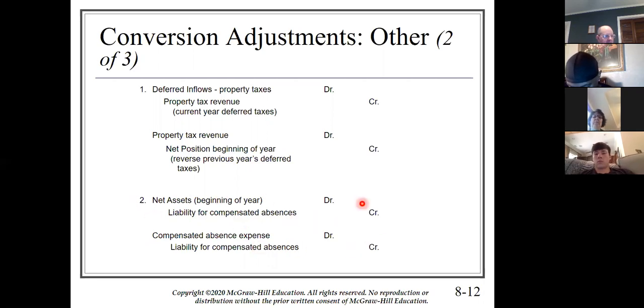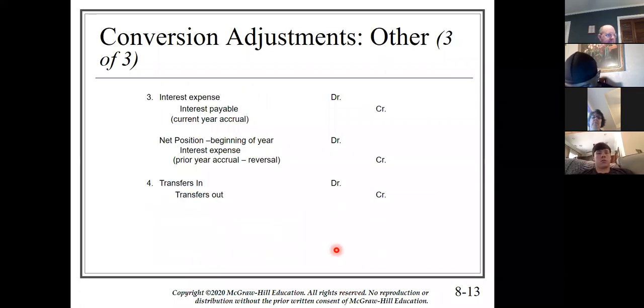At the beginning of the year, they had to reverse the entry from last year. Then accrued interest is recognized. They have to undo its recognition at the beginning of the year. Transfers in, transfers out are eliminated.